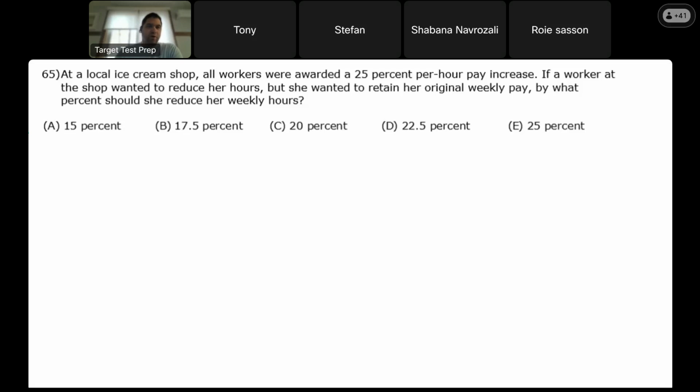All right, so what's interesting here is, yes, there is some variable stuff you can use here. So it's just wage and hours, right? If you're doing the wage increase, it's 1.25 times the wage times the hours times some reduction percent-wise in the hours, right? Now that's got to equal the original pay, which is wage times hours.